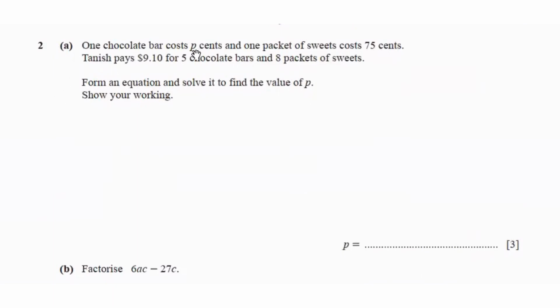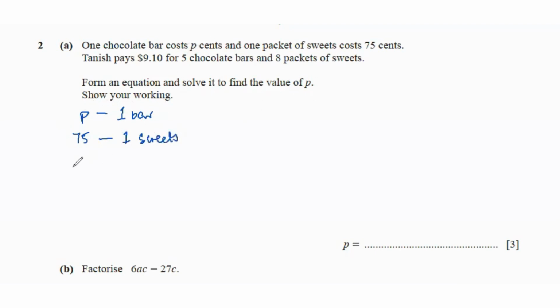Question 2 says one chocolate bar costs P cents. One packet of sweets costs 75 cents. Anush pays $9.10 for 5 chocolate bars and 8 packets of sweets. Form an equation and solve it to find the value of P. Show your working. P is the cost of 1 bar and 75 cents is the cost of 1 sweets.